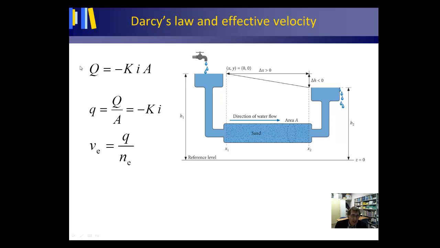So we have Darcy equations in two forms here, and we have this important equation. And with this we can determine, for instance, if there was a pollution here, the time it takes. If we know the groundwater velocity, we can determine the time it takes to reach this end of your cylinder.